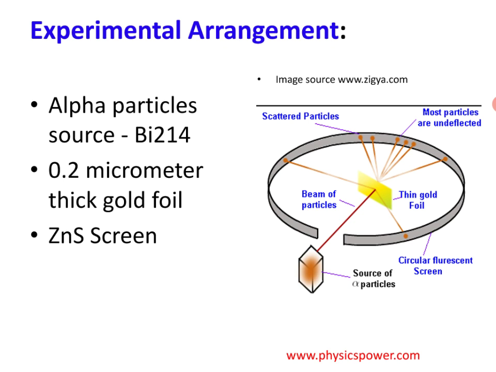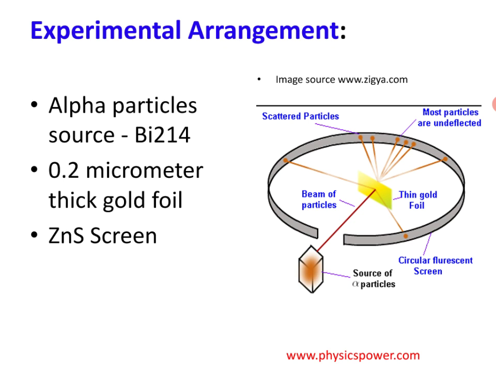So with those flashes we can easily identify whether alpha particles are reaching the ZnS screen or not. So the scattered alpha particles we can easily study by observing the ZnS screen. So this is the experimental arrangement he did, and he observed the scattered alpha particles which are reaching the ZnS screen.